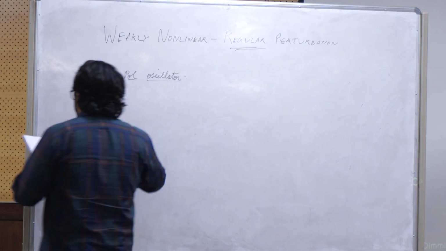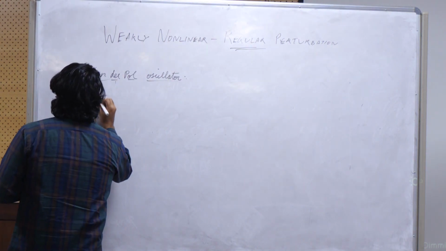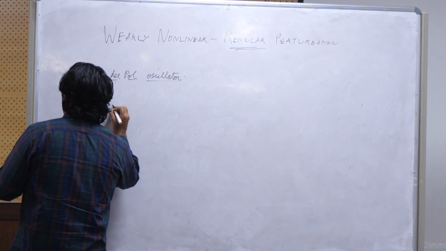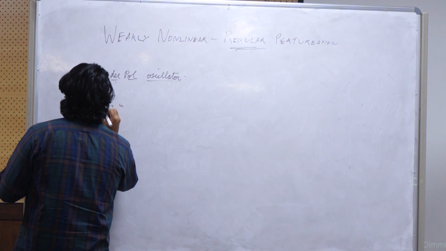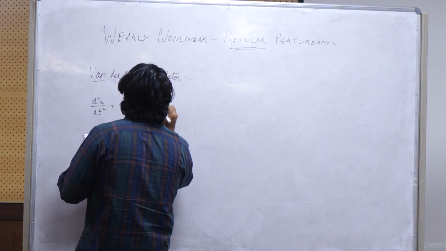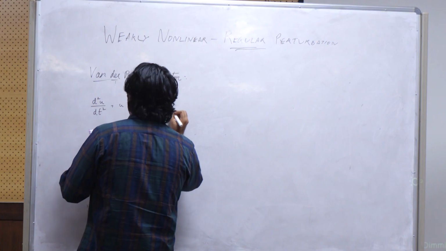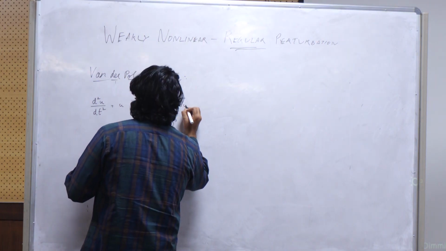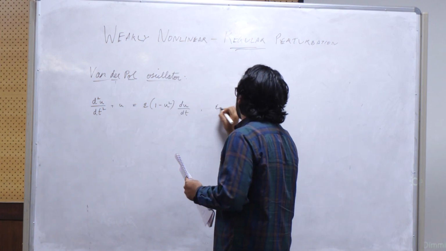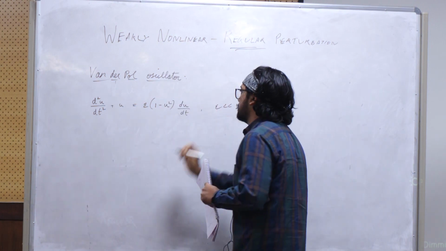The equation of the van der Pol oscillator is given by d square u by dt square plus u equals epsilon times 1 minus u square times du by dt, where epsilon is a very small parameter.